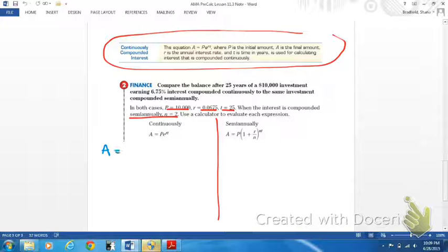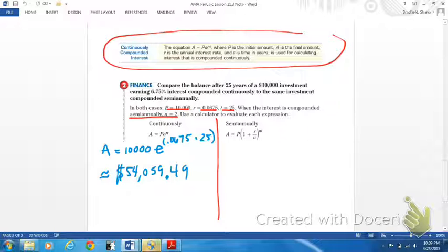We want to find A. The principal is $10,000 times e to the, and r is a part of our exponent, 0.0675 times t, which is 25. And if you put all that in your calculator, you're going to get approximately $54,059.49. So you start out with 10,000 and you get 54,000.